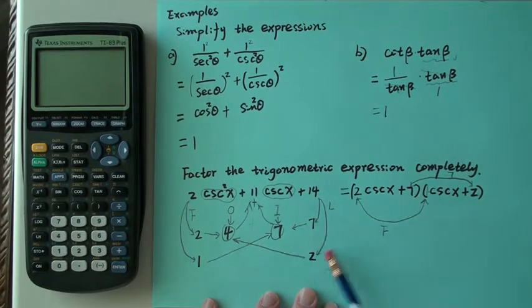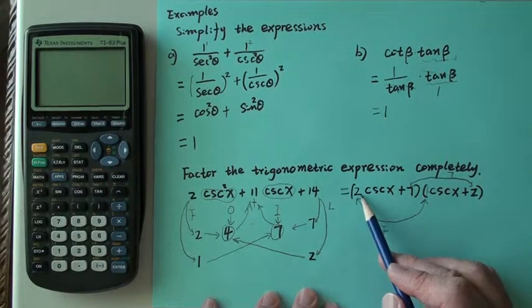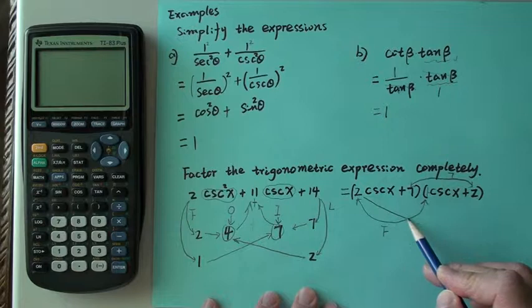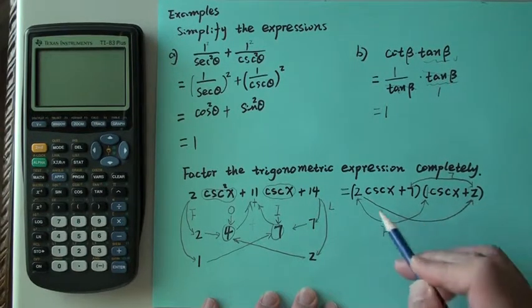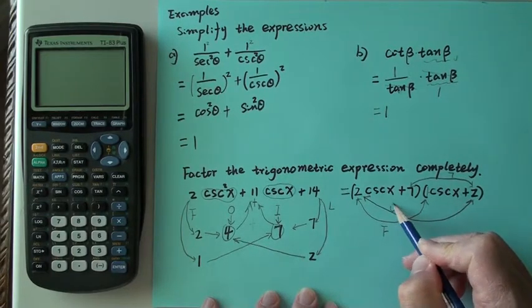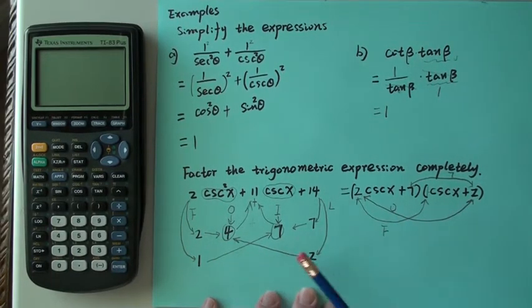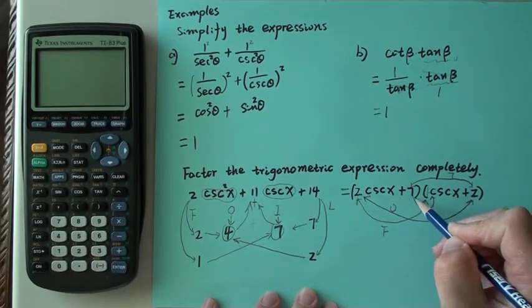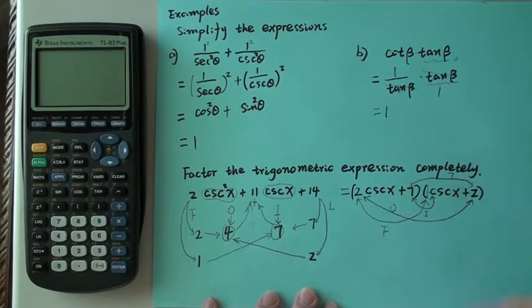7 times 2, last product, you get 14. Okay. And then outer product is 2 times 2. And inner product, 7 times 1.